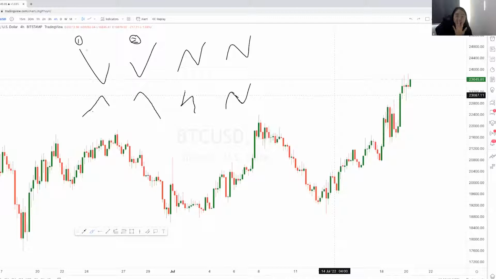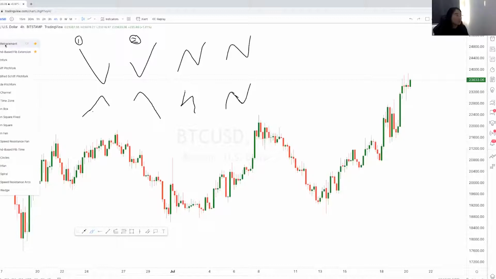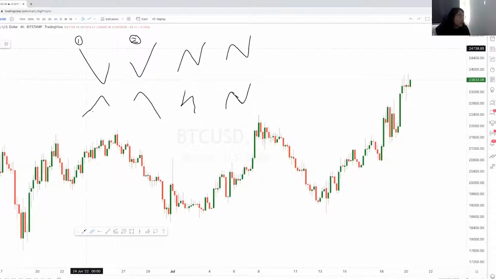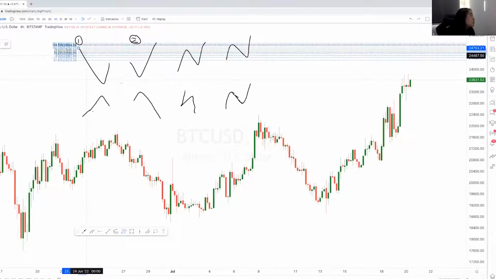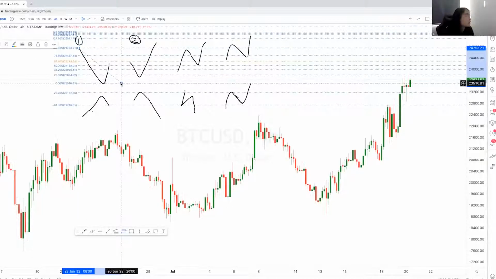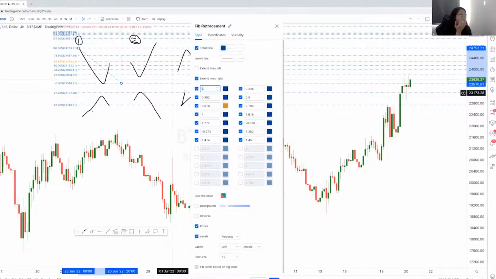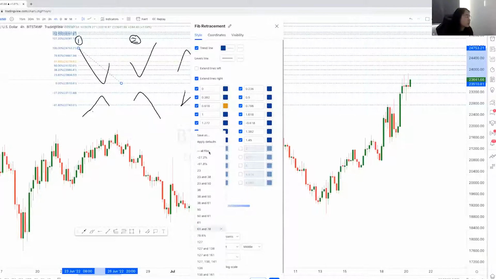Let me explain. Fibonacci retracement has 5 levels. Let's say I spot a Fibonacci retracement on the charts. I'm going to go to the Fib retracement tool at the side. I'm going to go from the swing high and pull it to the swing low. I'm going to go into the settings, and I'm going to remove everything.